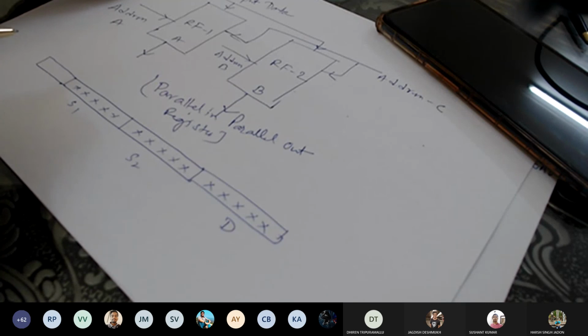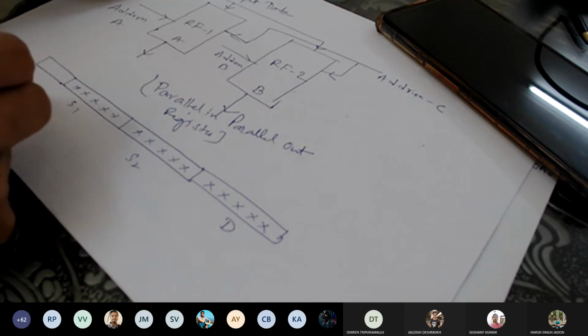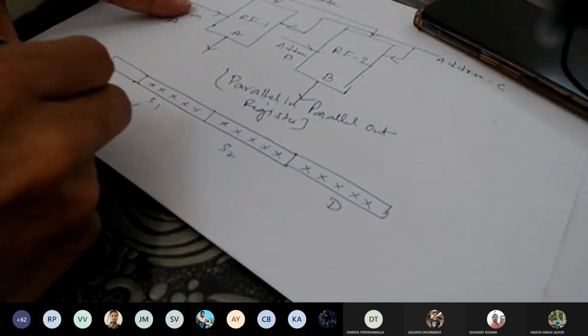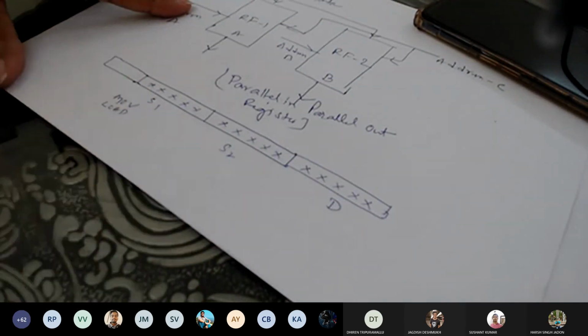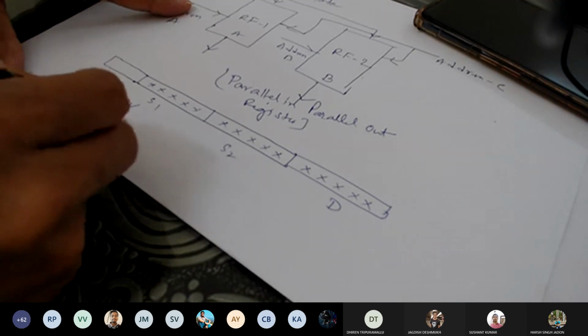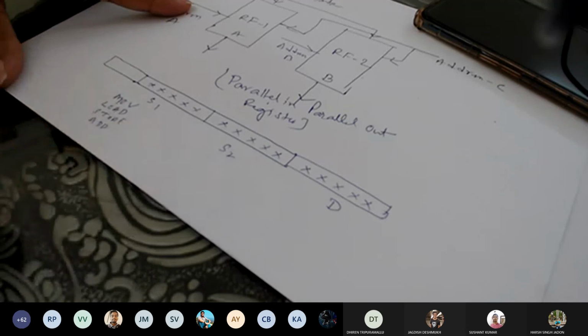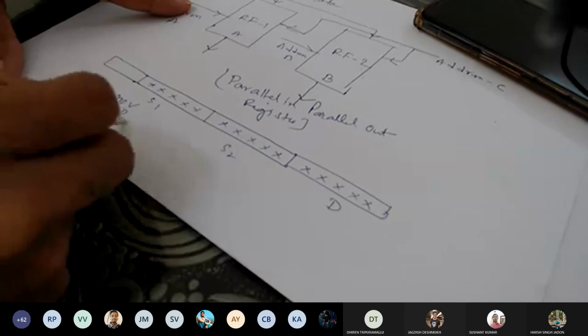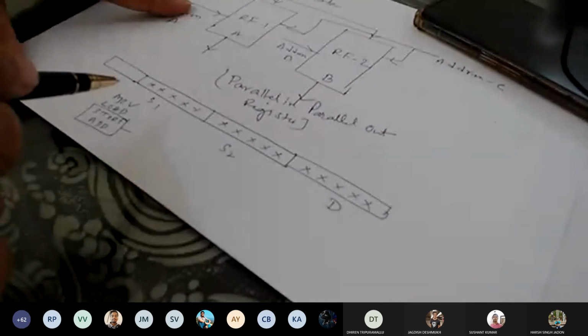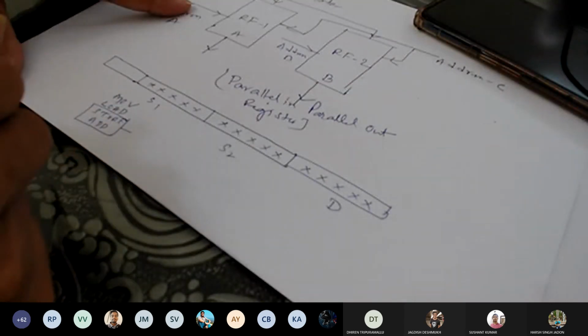and I want some specific instructions to be implemented, that is move, we need load, we need store, we need add. Now add and load, they will be using the same encoding.